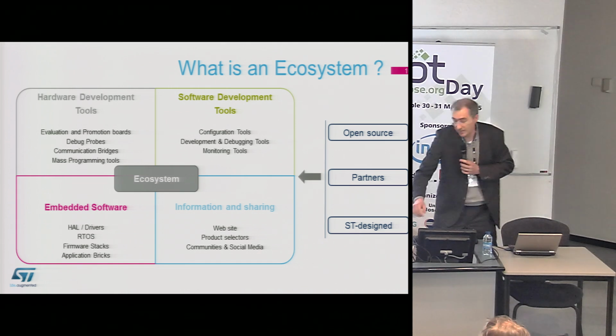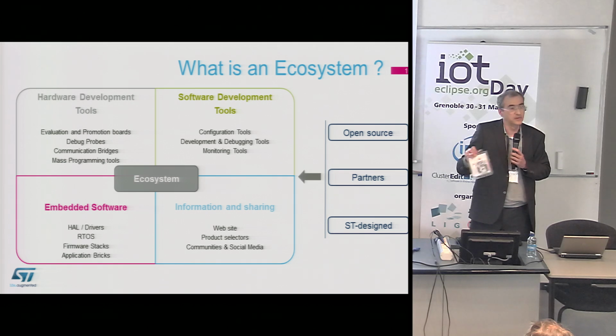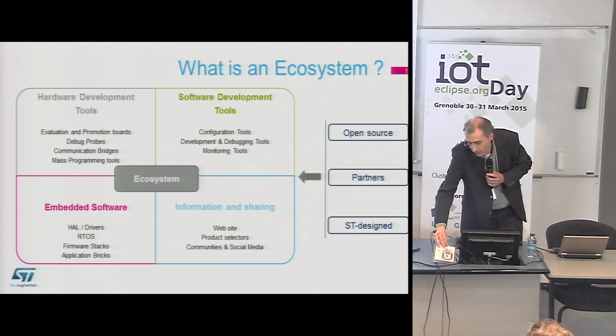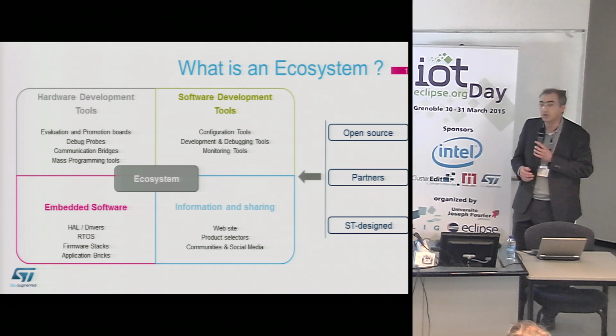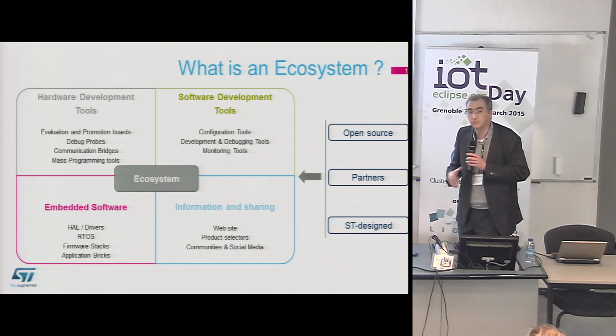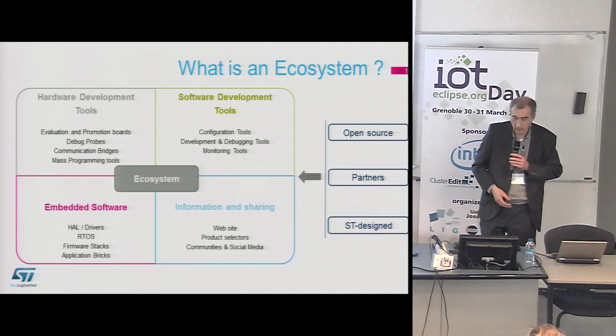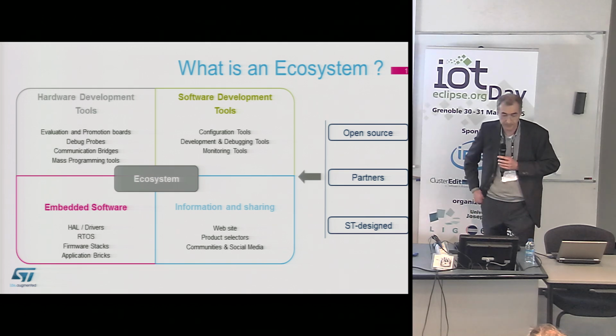And it's also available on all the STM32. So each time we have a new MCU, you have a Nucleo board that is associated with the same connectors and so on. So the one you developed on an F4, you can easily port on an L1 because it's the same hardware and the API will be the same also.